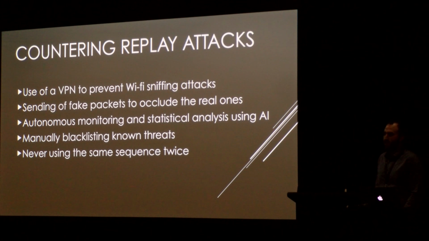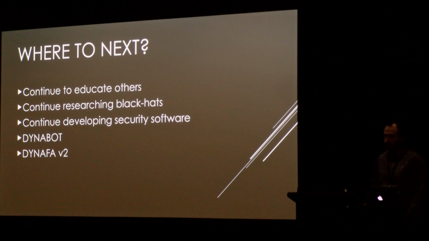It's really interesting. That's where I want to head. I think if I can achieve this much in 8 days, I can probably achieve a lot in 3 years. There are some other ways you can manually blacklist known threats. You can never use the same sequence twice. So just use one set and then change it, and really no danger in replay attacks.